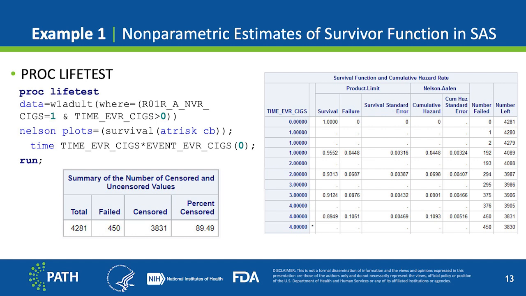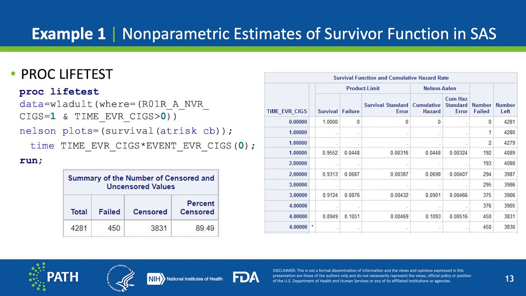Before we get into any modeling, one possible way to examine the data we have so far is to use the non-parametric estimates of the survival function in SAS. One very convenient function is called PROC LIFETEST. You can see here we can request several estimates from this function.